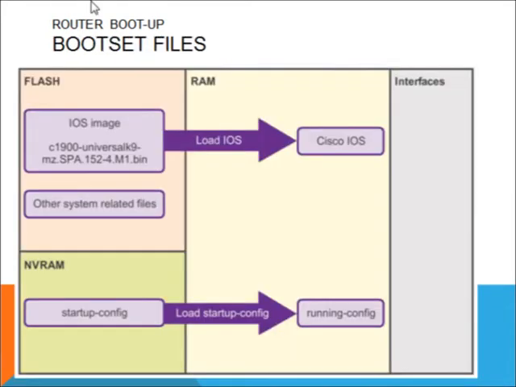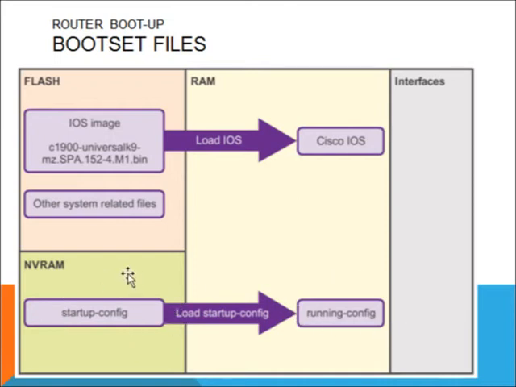So when the router boots up, it goes through the following procedure. From the flash, it will read the IOS image, and the IOS image, or the operating system, will be loaded into the RAM, and at the same time the setup of the router is loaded through the startup config into the running config.